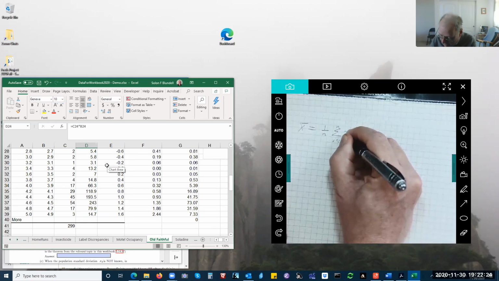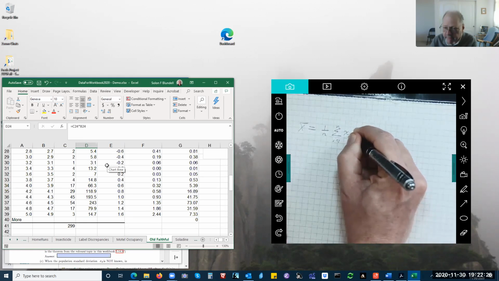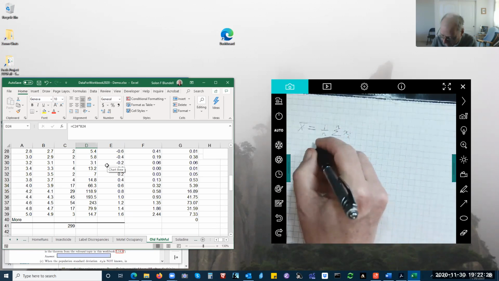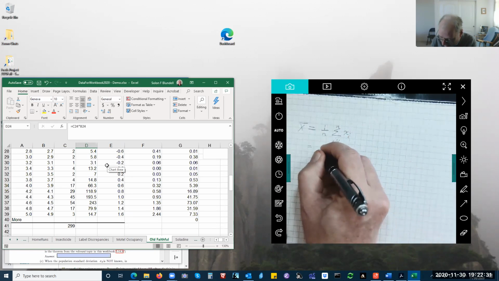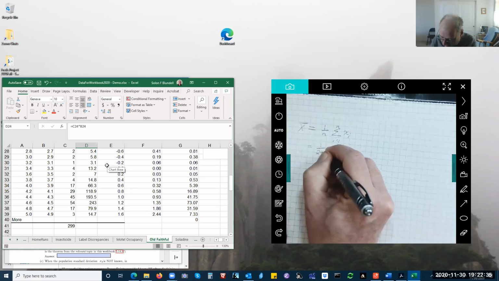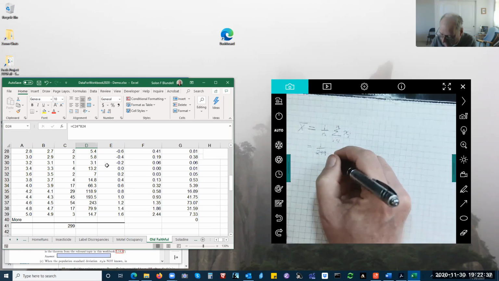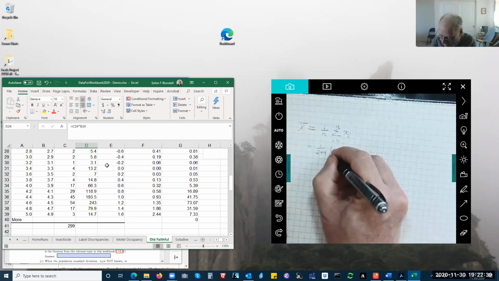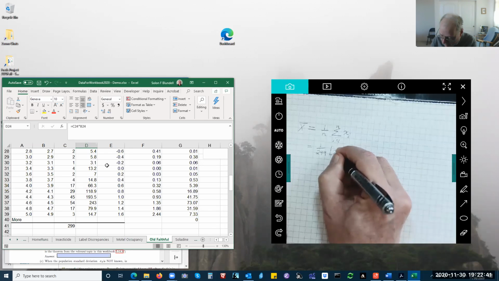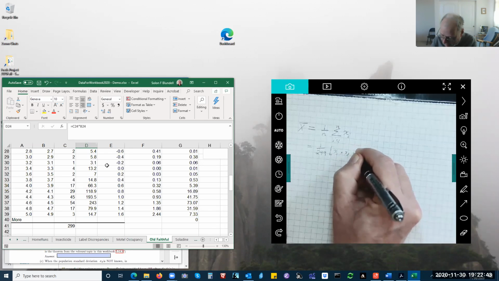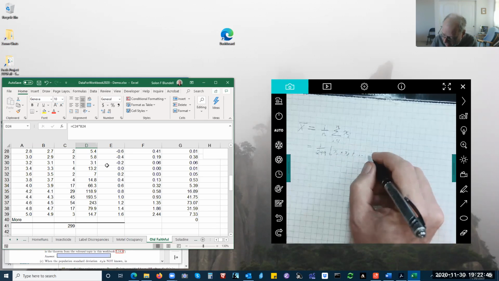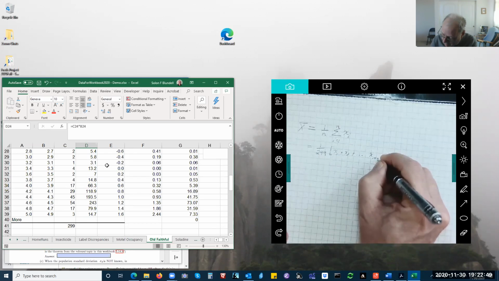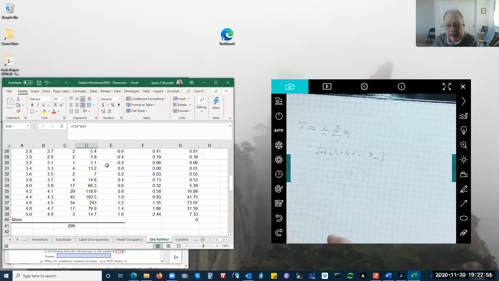You're summing their X values. So that's 1 over 299 times x1 plus x2 all the way out to the 299th eruption.